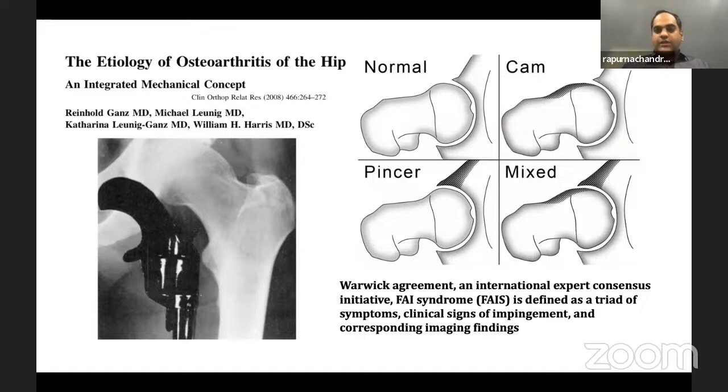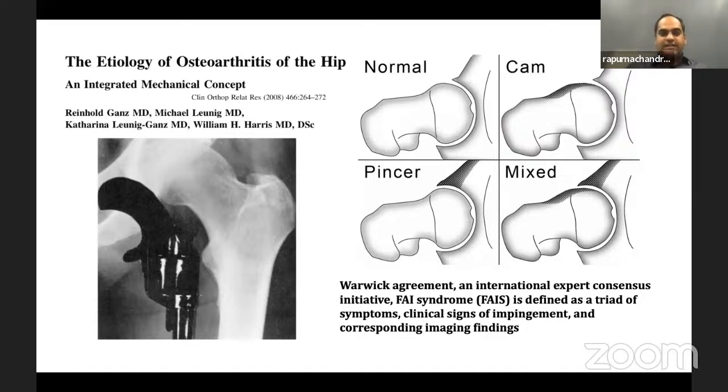I would agree with Professor Uchida that there is also a mixed set of complaints, but many patients come in with a fixed set of complaints, where we can come to a diagnosis at the end of clinical examination, and on top of that, when we add our imaging, we can confirm that this is a regular case of cam or pincer with a labral tear or some associated intra-articular pathology.